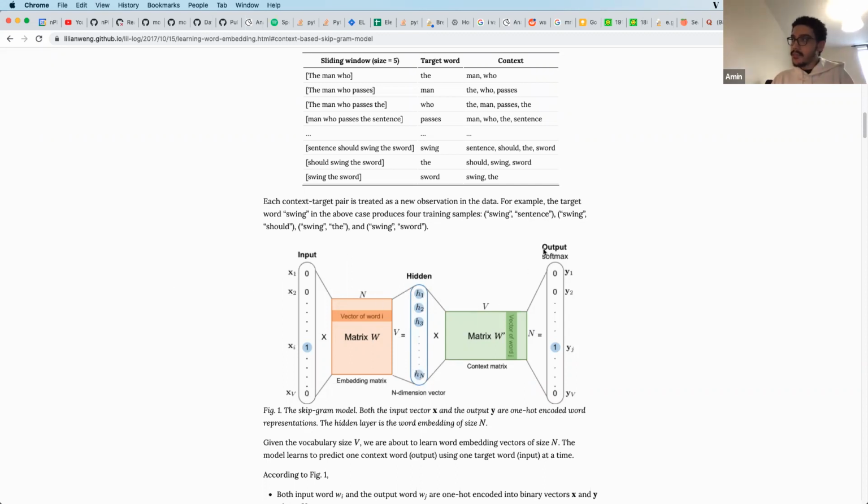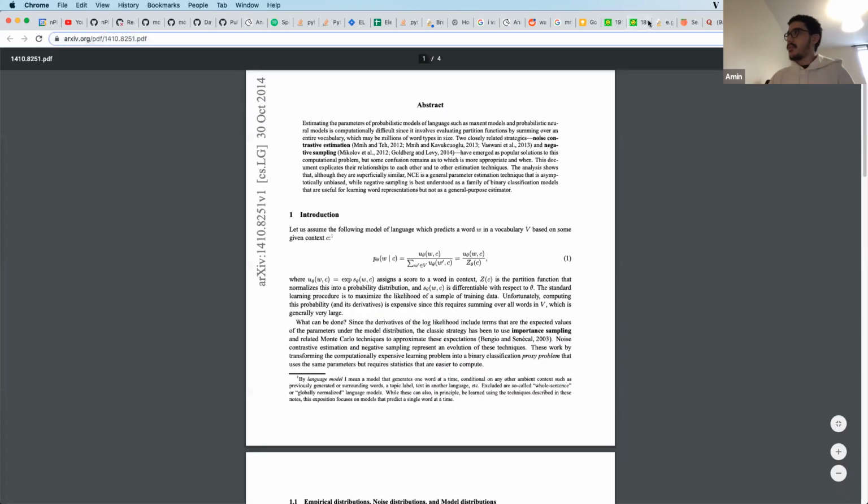And this is just a softmax over your vocabulary. When the vocabulary is large, this is approximated using negative sampling. But that's the Skipgram model.